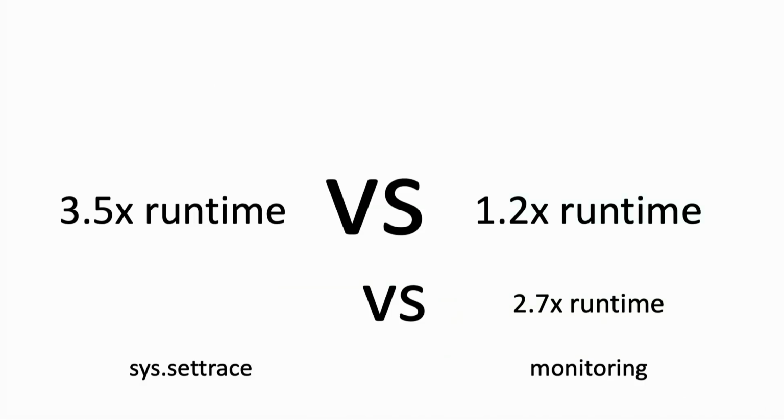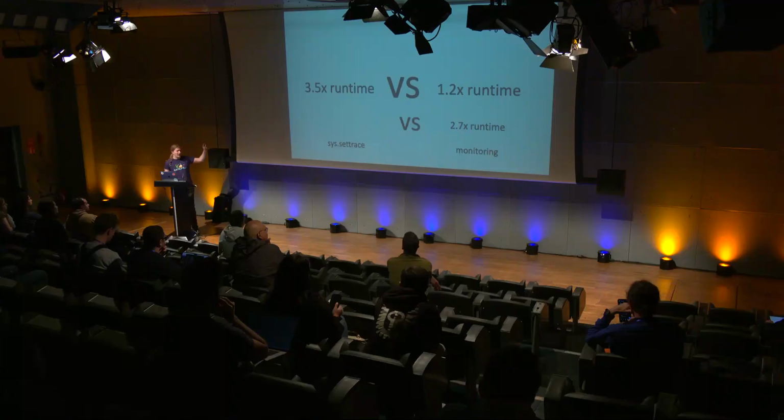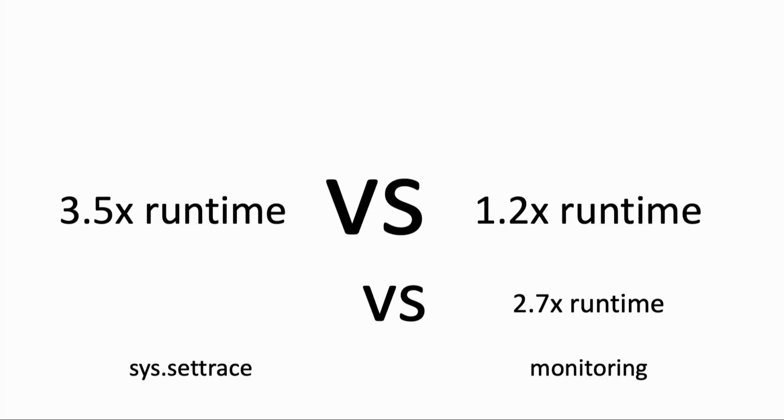So I took this benchmarking suite, and the cool thing is, it's faster. This is compared to the runtime of the program without attaching a debugger. The sys.settrace approach is 3.5 times slower, which is a pity. It's pretty slow.